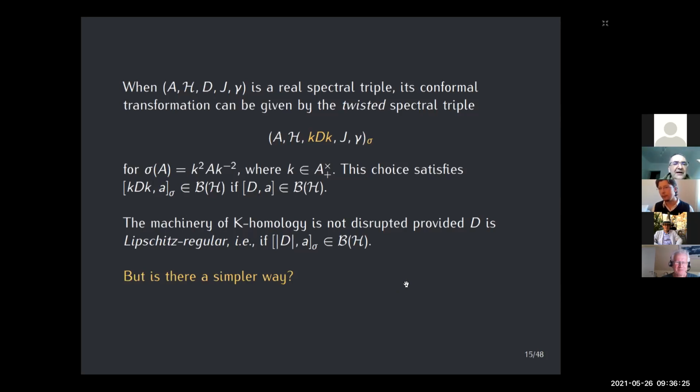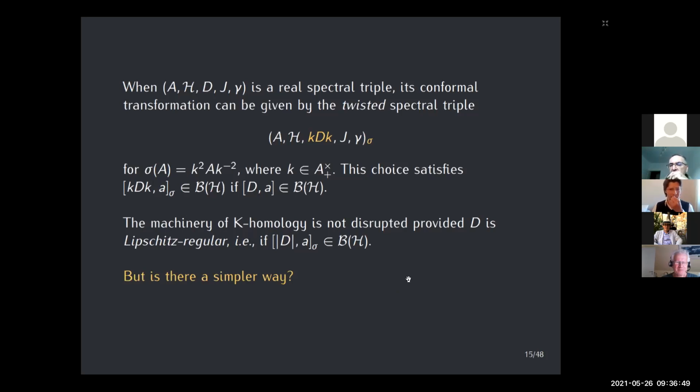So it's not just a naive question, if I may. When you have the usual spectral triple, of course, you can do such a thing as taking the signature of a Dirac operator and get a Fredholm module, right? Yeah. So how about here? When I have a twisted spectral triple and I proceed in some similar fashion, will I get the usual K-homology class or something more twisted?